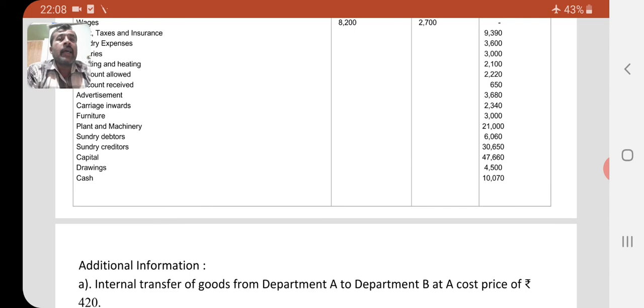These are the balances of various ledger accounts given in the problem.